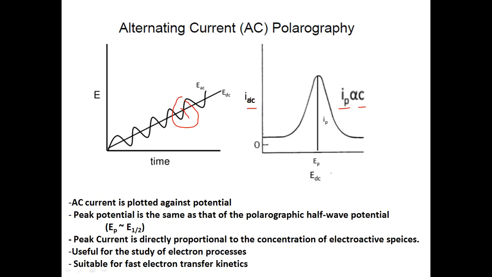The peak potential is the same as that of polarography. So the EP value you get here is equivalent to the E half value, and the height or the amount of current generated there is directly proportional to the concentration of the electroactive species. So this study is suitable for electron transfer kinetics, or is also used to study how many electrons are involved in the particular process.